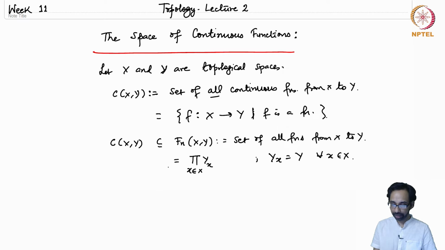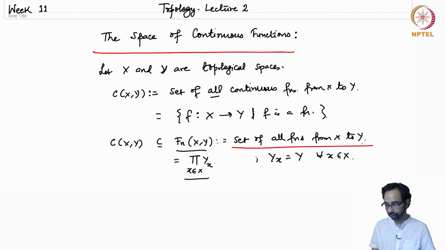So this F(X,Y) is just another notation for the arbitrary Cartesian product, and this is the set of all functions from X to Y, whether they are continuous or not, and the set of all continuous functions lies inside this bigger space.